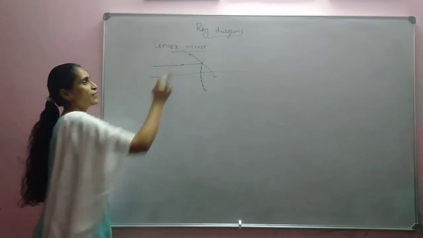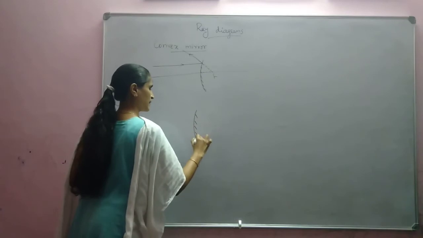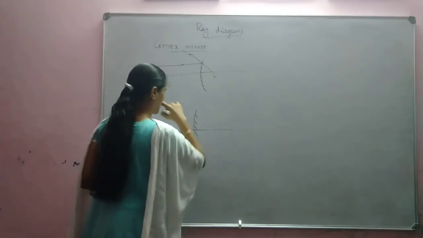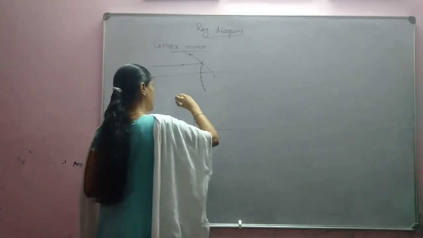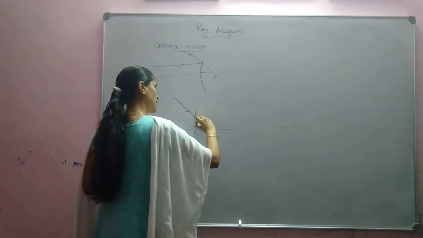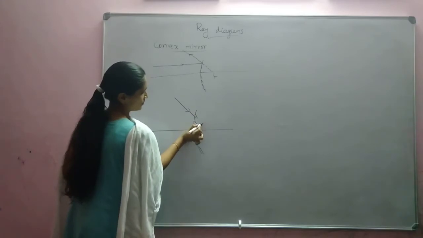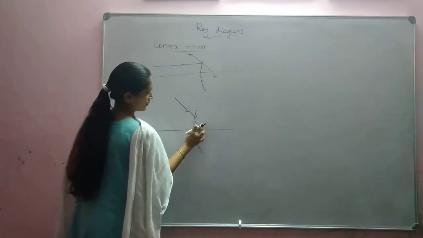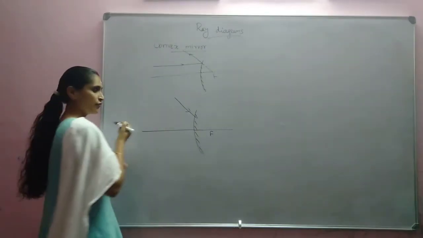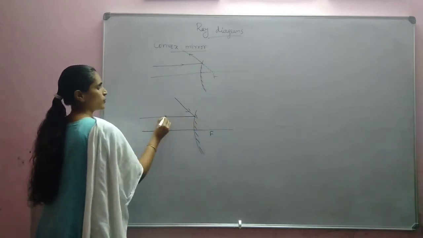If a ray is incident in such a way that it actually comes through the focus, what will happen? The reflected ray will become parallel. Just the opposite case of this.